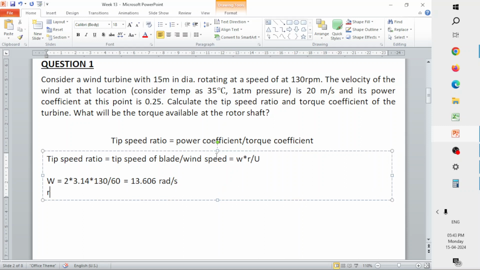R is nothing but the rotor of that wind turbine, which is 15 meter in diameter. So 15 by 2 will be the radius, that is 7.5 meter. And the wind is flowing at a velocity of 20 meter per second.